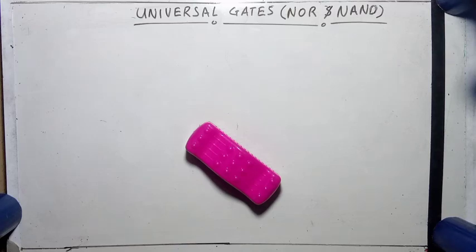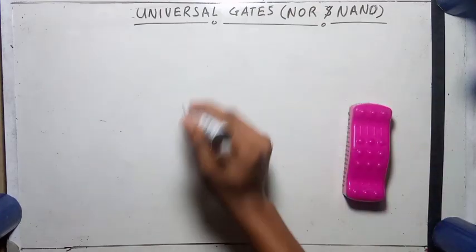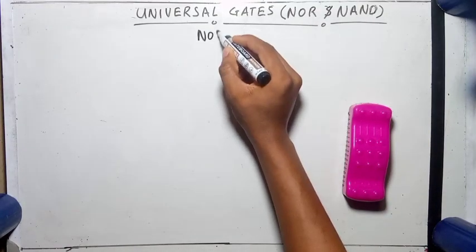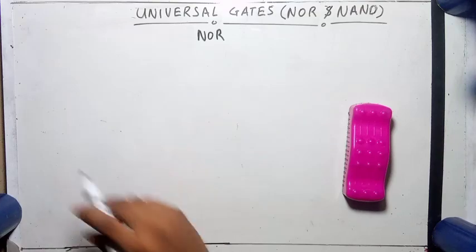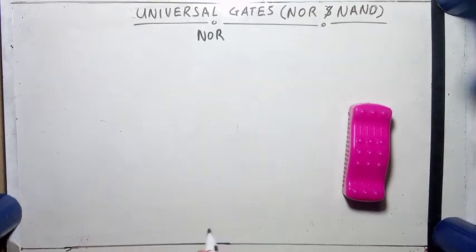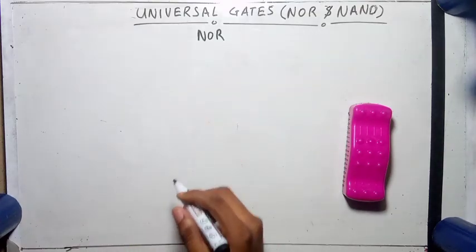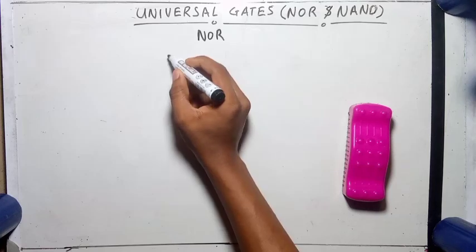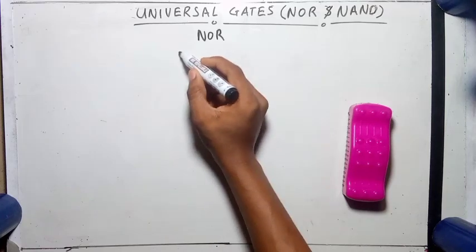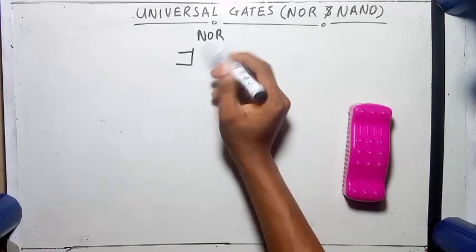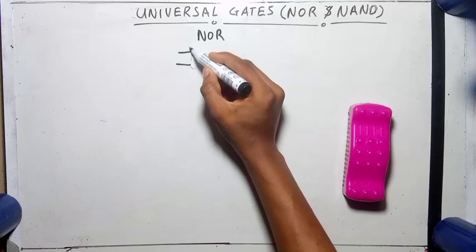First of all, we'll be working with our NOR gate, and we'll be using NOR gates to implement other gate types. We know that this is the NOR symbol, not OR.